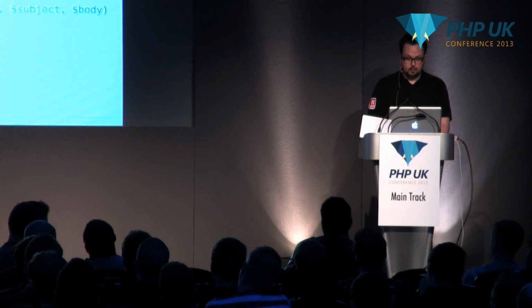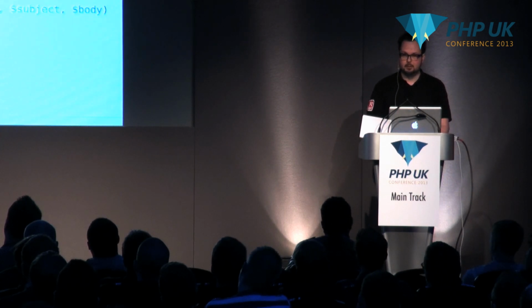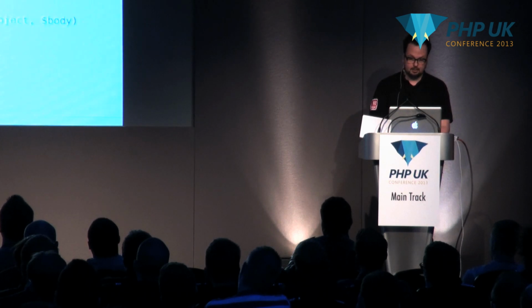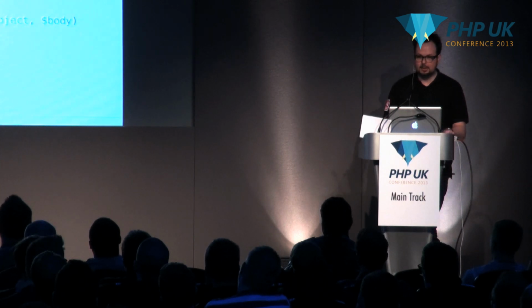Now, there's only one thing we have to do, and that's making sure that our user model is now using this mailer class instead of its default. Luckily, hint, my user model has a method called setMailer that I can provide with a mailer object. And now all of a sudden, it isn't using the send method anymore.